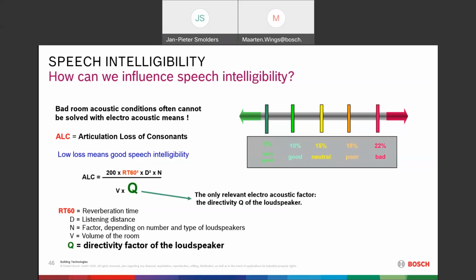In this equation you see the RT60 time, and below it the directivity of the loudspeaker, which is actually the only factor that can influence this index.